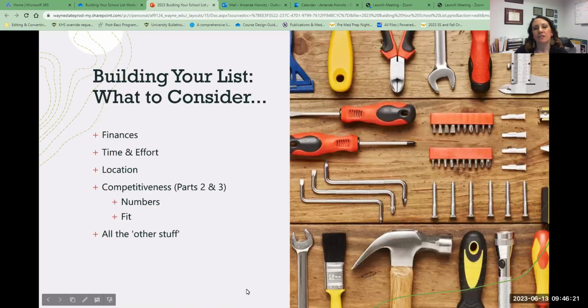So let's talk a little bit about an overview of all of the things that you want to consider as you are beginning to decide on what schools to include in the list that you want to apply to. One of those things is finances, and we're going to do a deeper dive into that today, but the application process is a very expensive one. And so considering the cost of primary application and all of the costs that follow is really important in making these decisions.